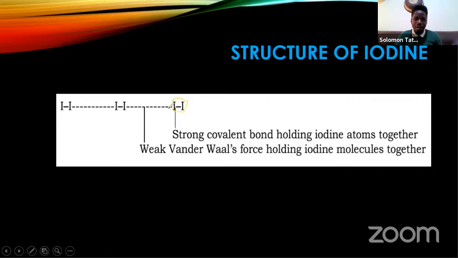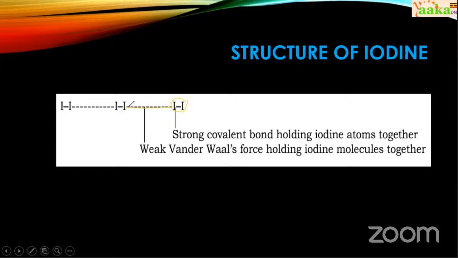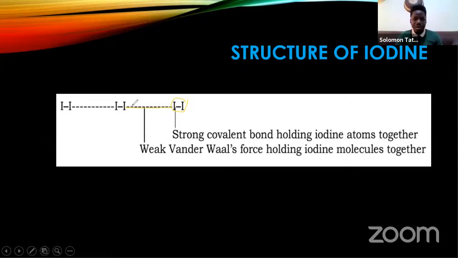But each of these molecules is connected to another molecule by weak van der Waals forces. So the molecules are held together by the weak van der Waals forces, which we see right here.